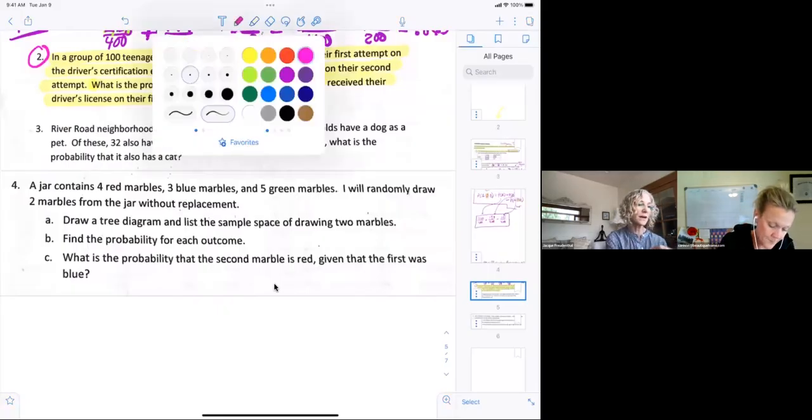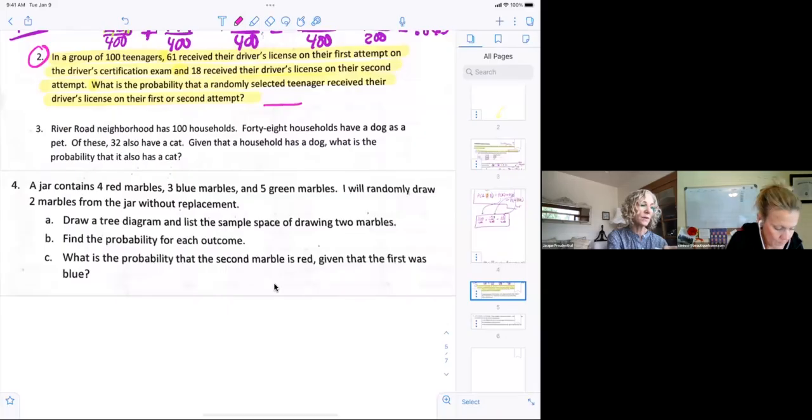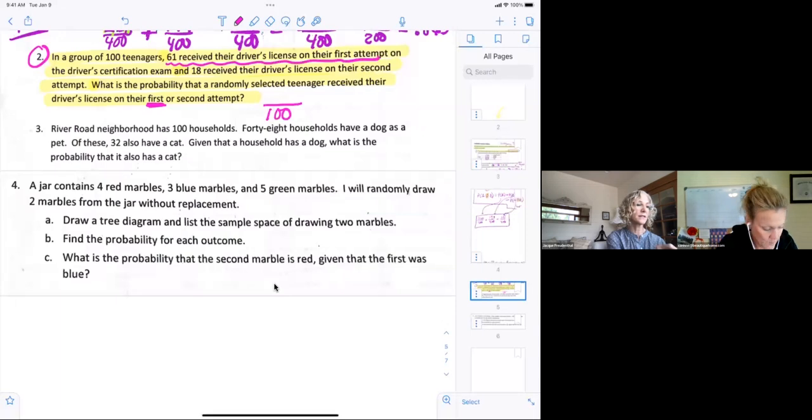So out of the 100 students, 61 received their license on the first attempt, plus, out of the 100 students, 18 received their license on their second attempt.